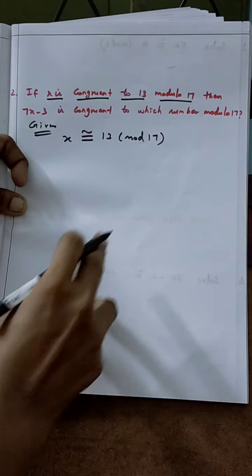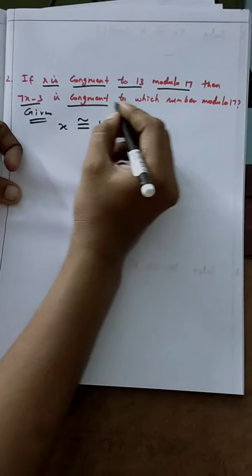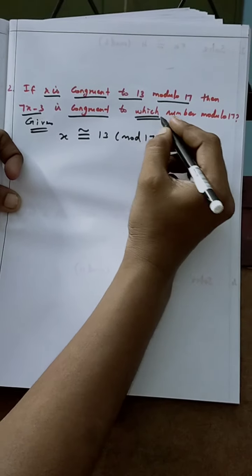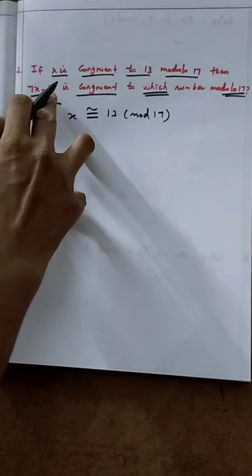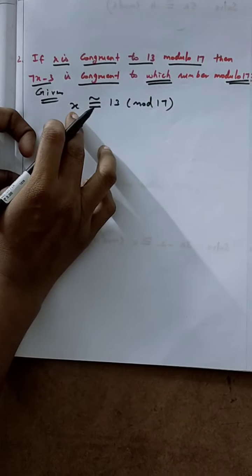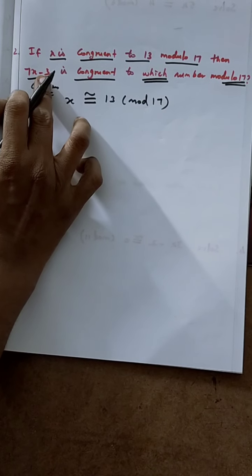Then find out 7x minus 3 is congruent to which number, modulo the same modulo 17. So for 7x minus 3, first step multiply x by 7, the next step subtract 3.